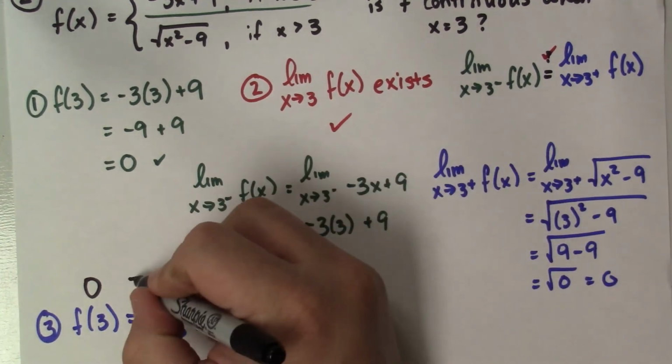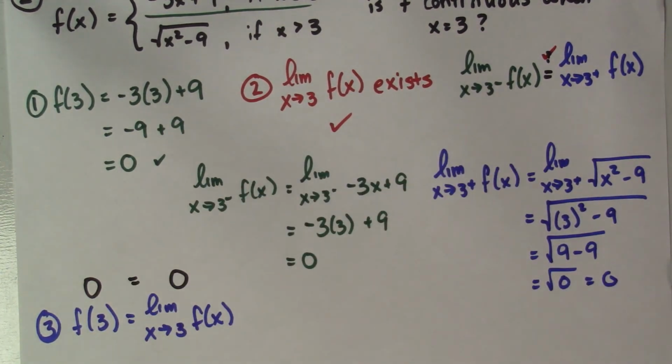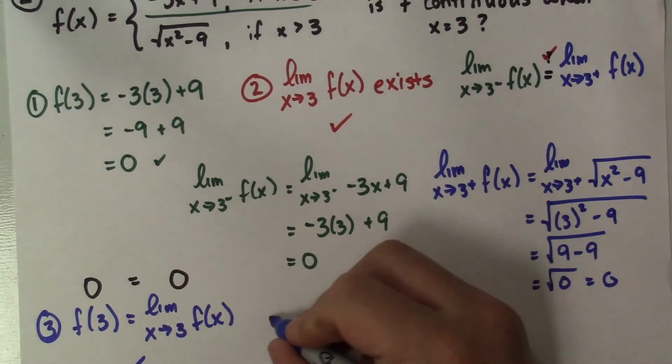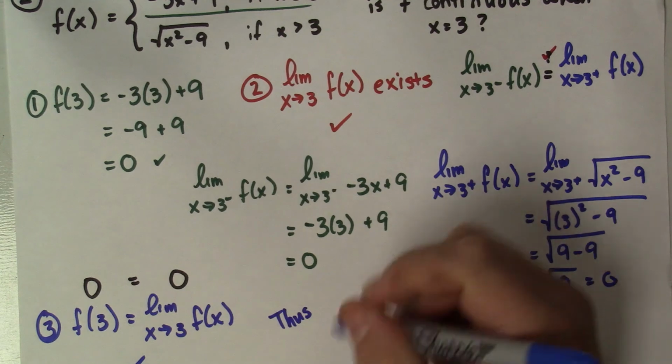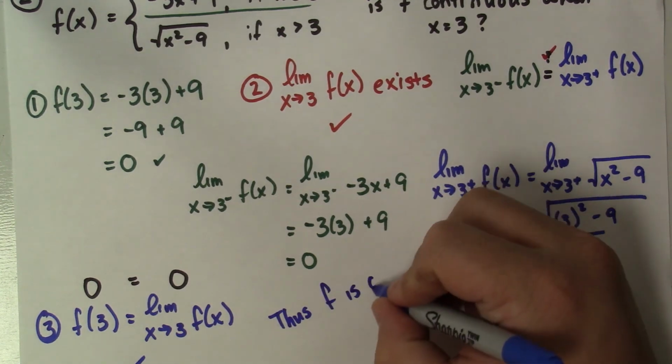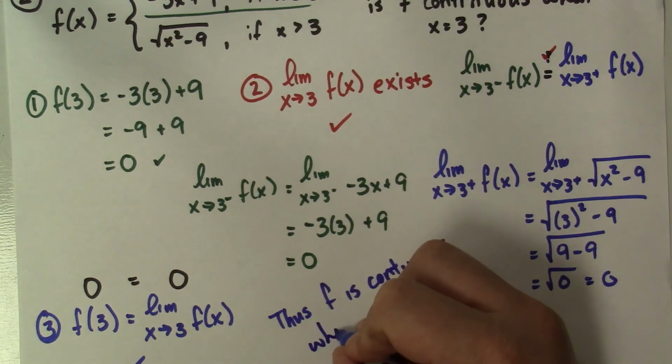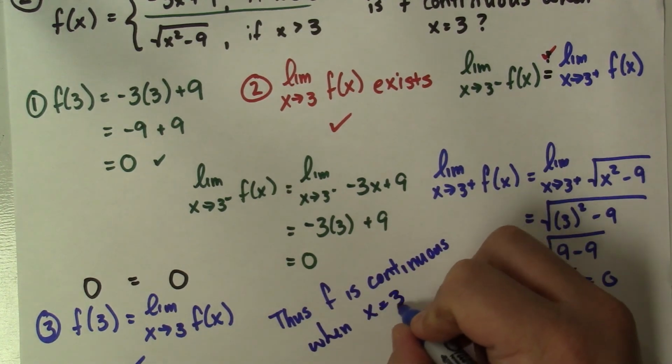This is 0. 0 equals 0. So these are the same. Thus, f is continuous when x equals 3.